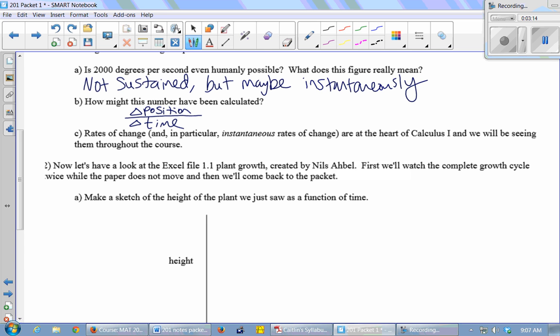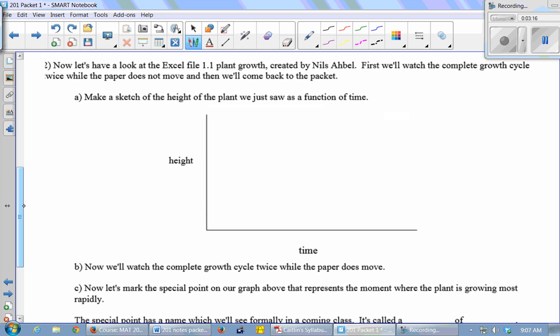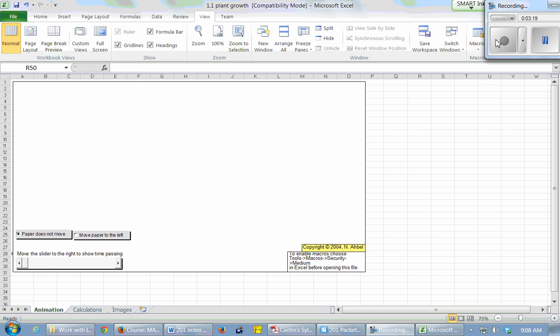Okay, so we're going to take a quick look at this Excel file that deals with plant growth. I'm going to move this slider so we can watch the plant growing. Okay, do it again. I'm just holding this down so we can see it grow slowly and then quickly and then slowly again, right?